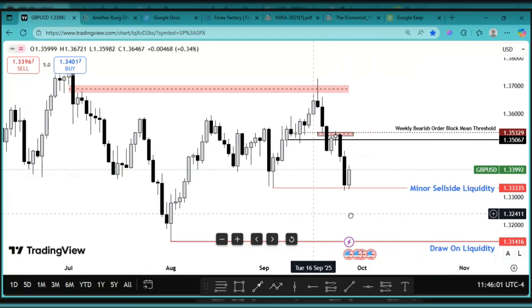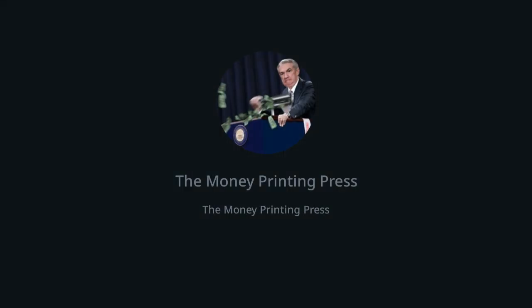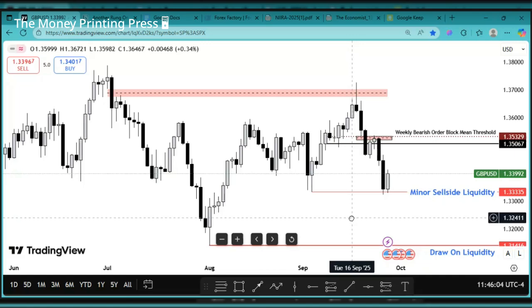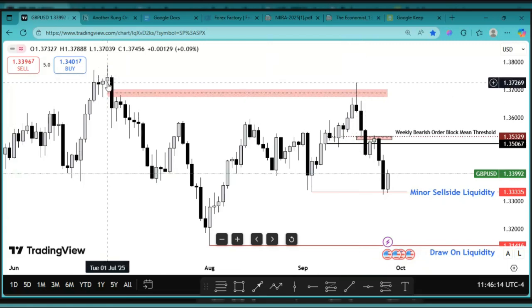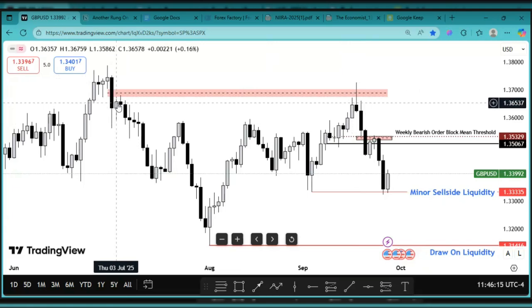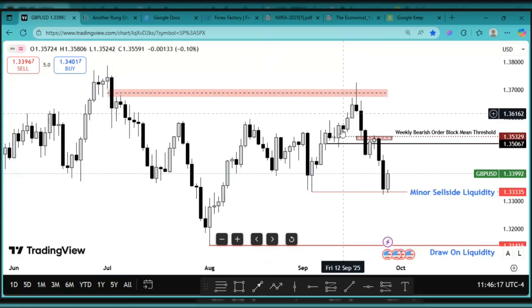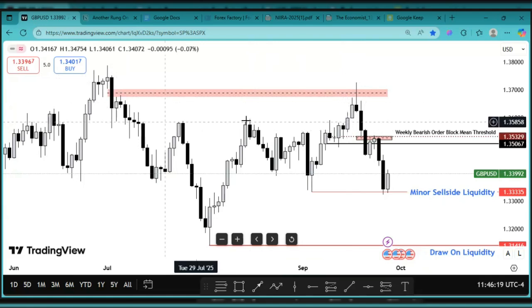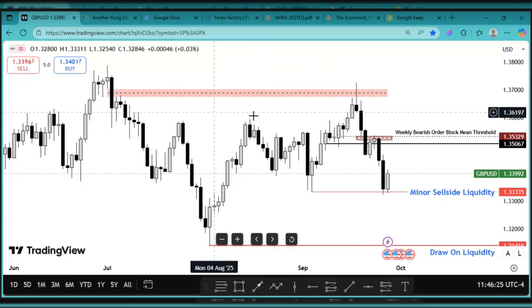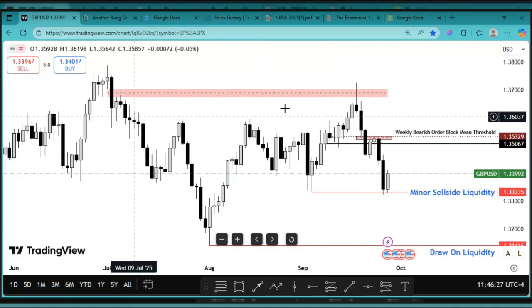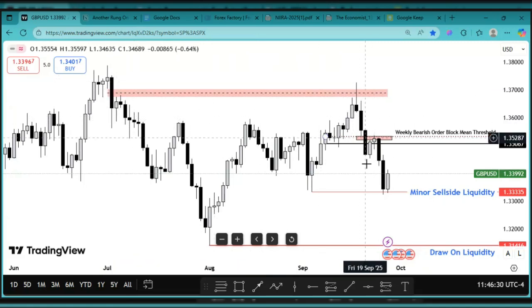Again, just like what we saw on EurUsd, price came up, traded into this inefficiency, which is clearly marked here. Watch the gap between this candle and this candlestick. Gap right here. Price traded into it. Everyone that had buy stops here, or rather sell stops, price absorbed all their stop losses and then displaced lower.